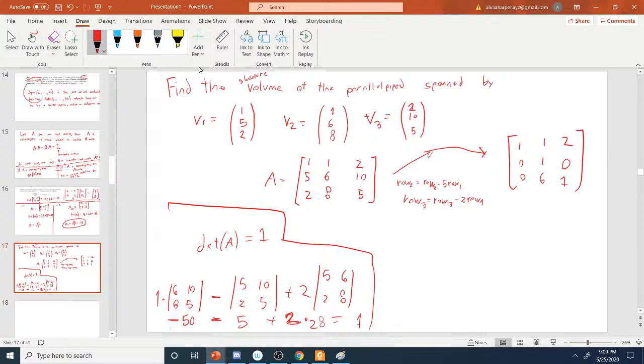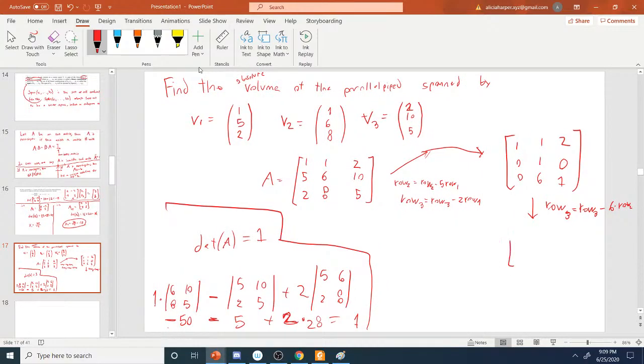Okay, and the next thing I do is take row 2 and subtract 6 times it from row 3. So row 3 is going to be equal to row 3 minus 6 times row 2. That gives me the matrix 1, 1, 2, 0, 1, 0, 0, 0, 1. This matrix is upper triangular.